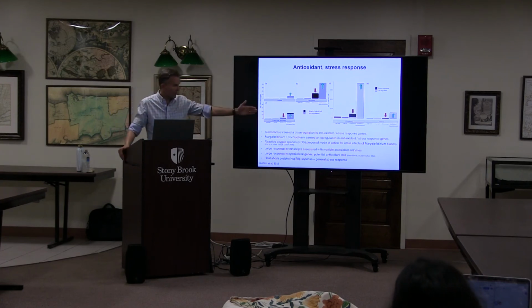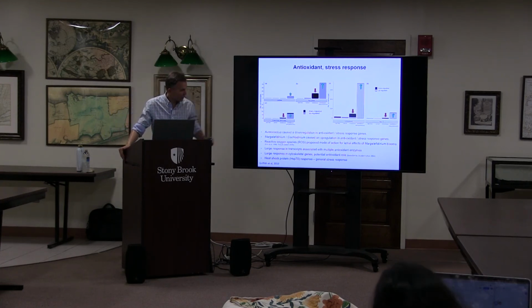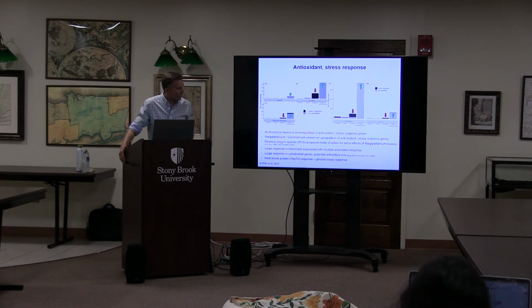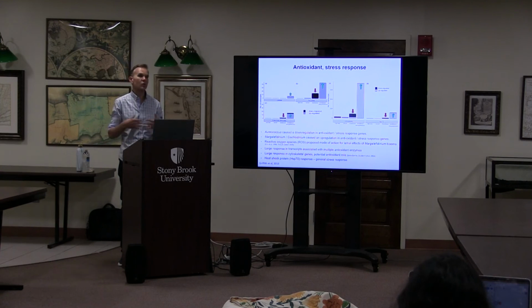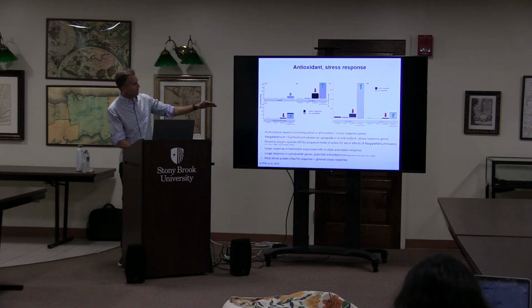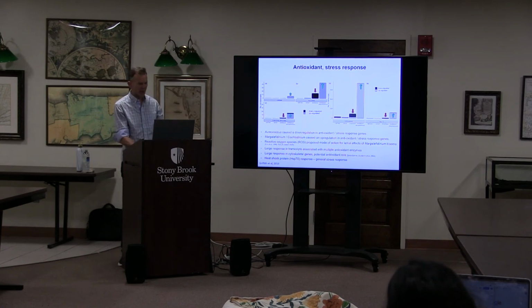They're also putting out things like heat shock proteins, the one on the far right. Although heat shock proteins are a response to heat, they're actually a general stress response as well. Note that in all those cases, the same genes are being expressed at a high level with Margalefidinium, but they're downregulated in Aureococcus.